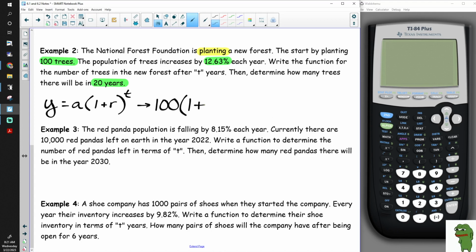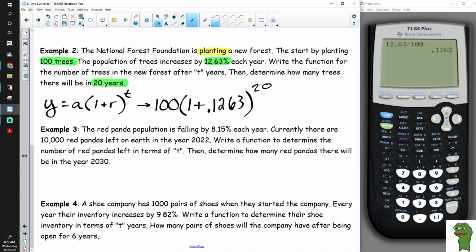To get rid of that, we divide by 100. 12.63 divided by 100 is 0.1263, to the power of 20. That is our time. So there is our formula. Okay, from here it's just simple as plug it all into your calculator.